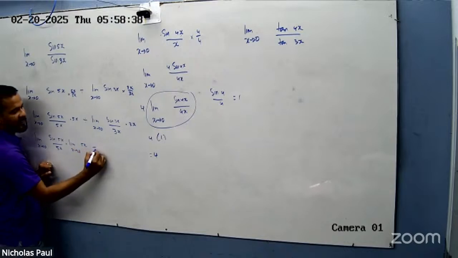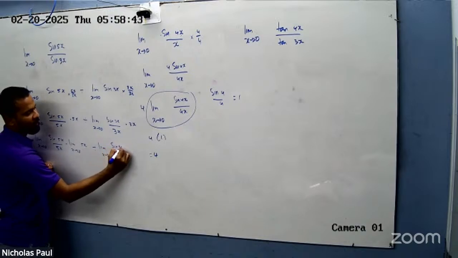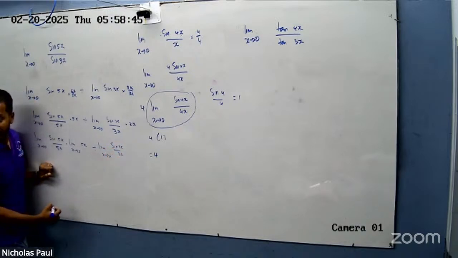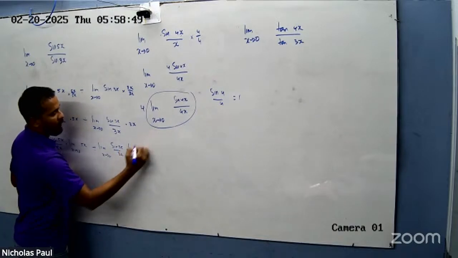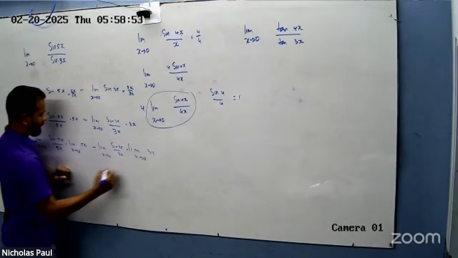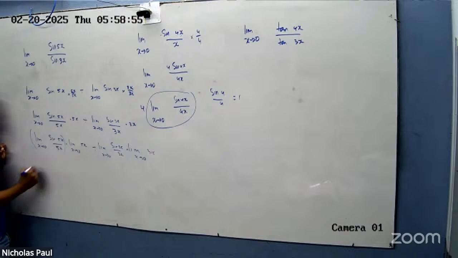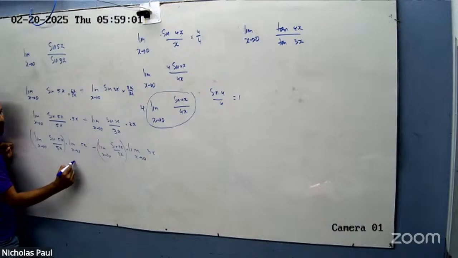Here I'm doing the same thing. The limit as x approaches 0 of sine 3x on 3x by the limit as x approaches 0 of 3x. What is this here? What is this here? So what do we end up with?